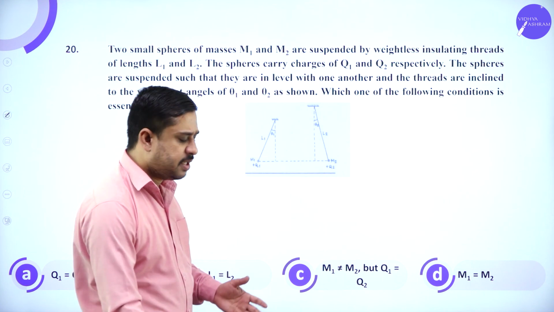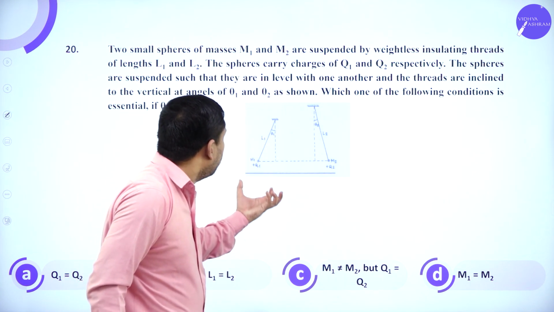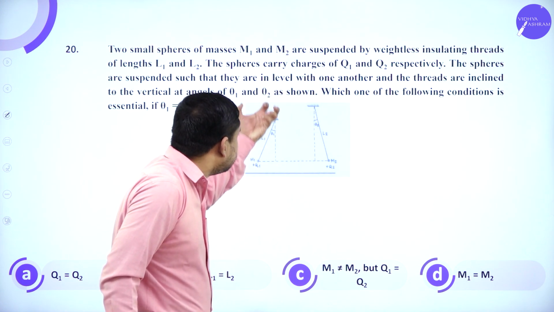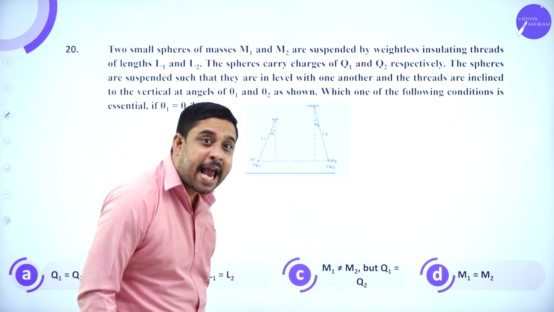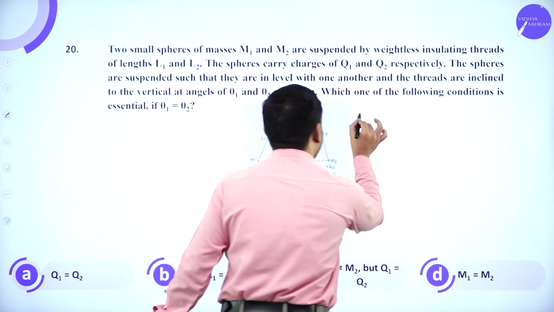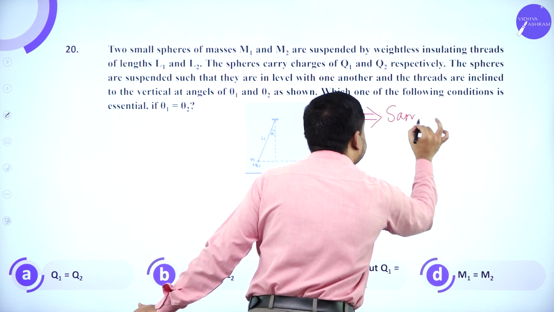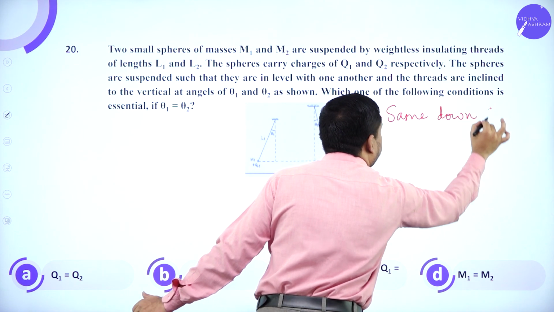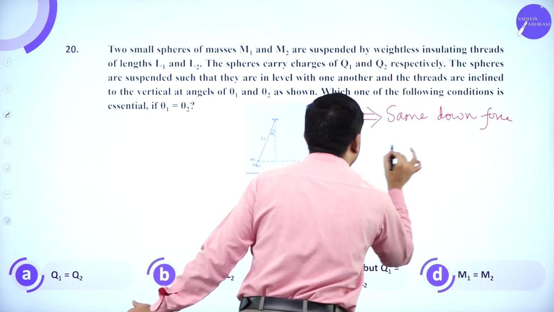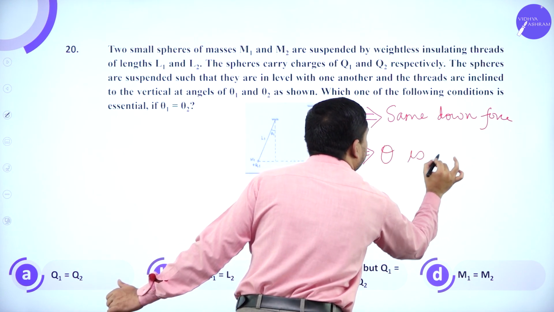Here, simple to understand. Again, this is a long question. Both the charges experience the same downward force. The implication is the same downward force, for which theta is the same.